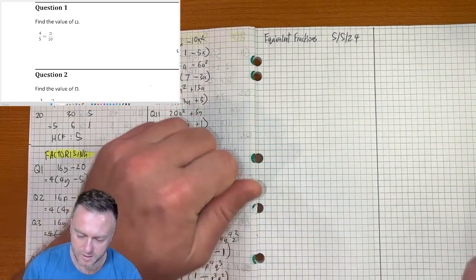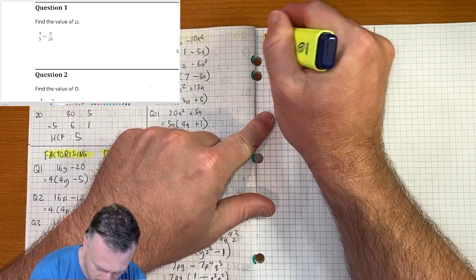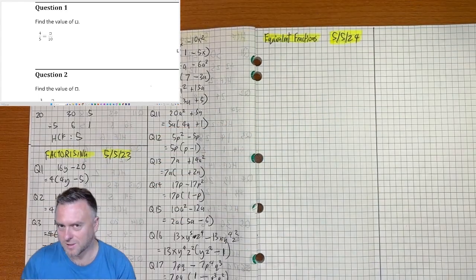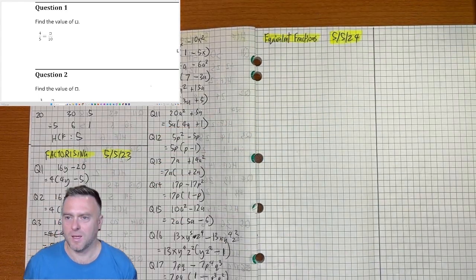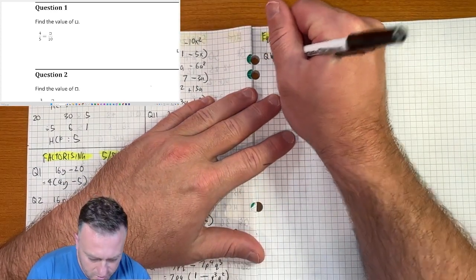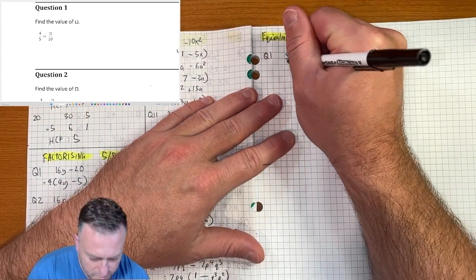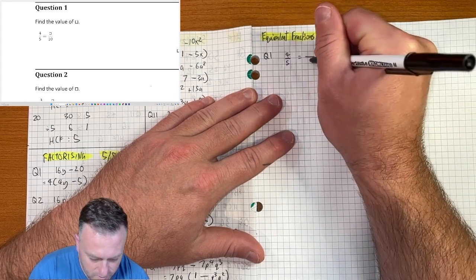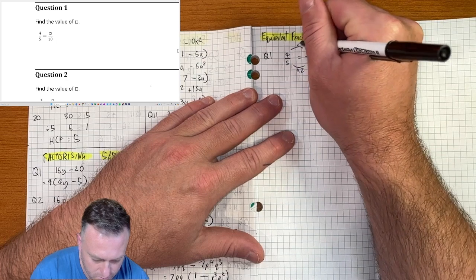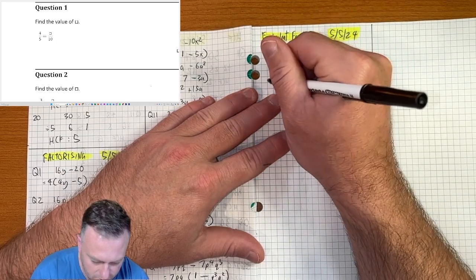Grab my highlighter. Makes it easy for my teacher when he's gone through. They are, sorry, it's going to be a she as well. And here we go. So question 1, we've got 4/5 equals something over 10. Going to times that by 2, times that by 2 and get 8/10.